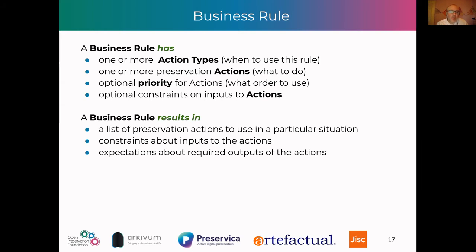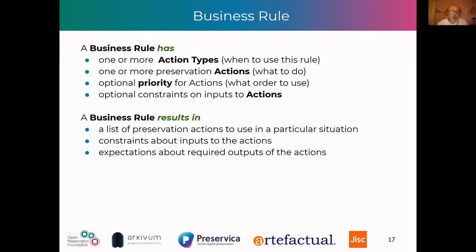You can also list more than one preservation action. So you can say that we have tools like Fido or Siegfried or Droid, and all three of these work with the preservation action of file format identification. But you can prioritize them, or you can say this tool is preferred, and this other tool is used as a second choice.